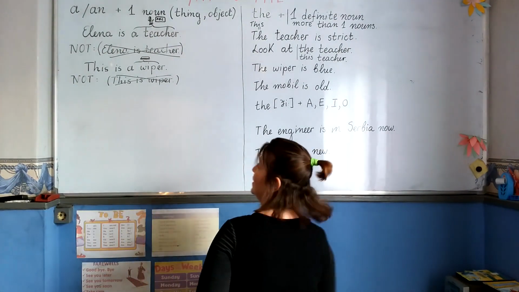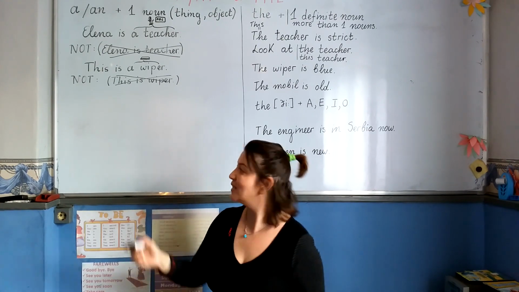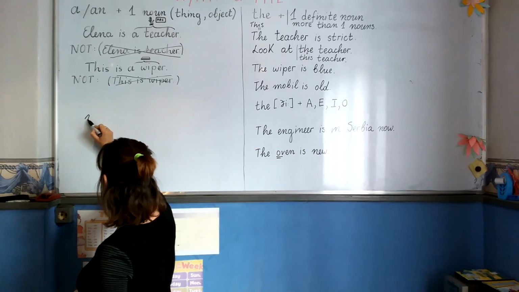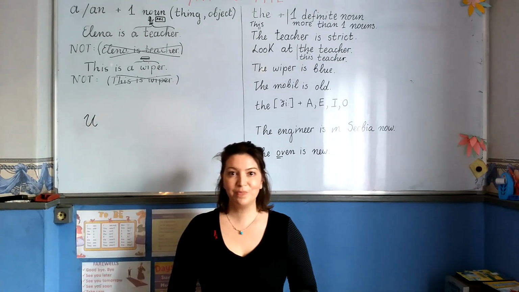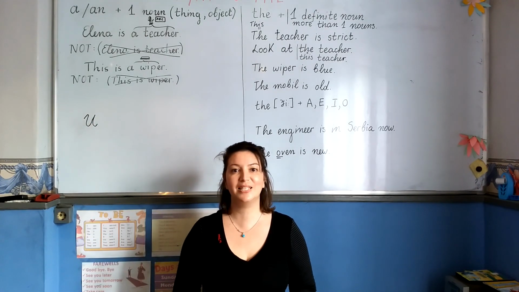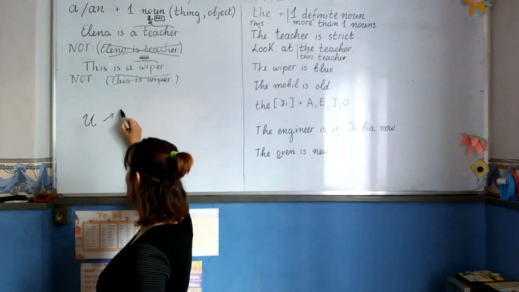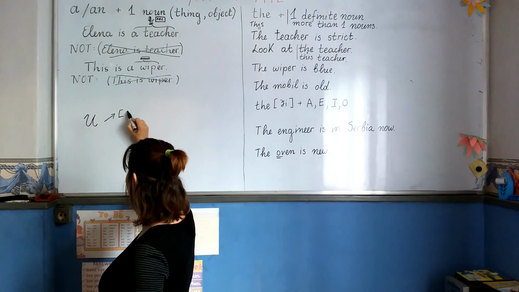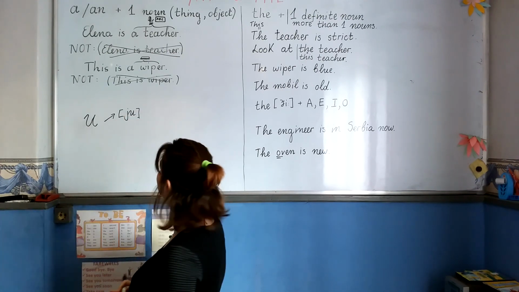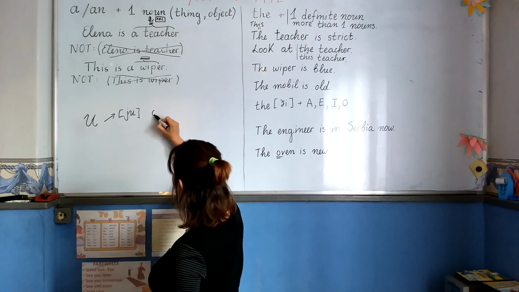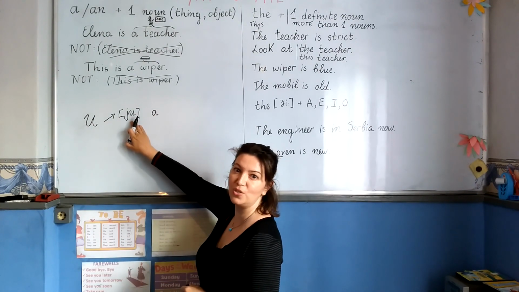Well, what do we put in front of things starting with the letter U? U, as you know from the previous lesson, has two versions of pronunciation. If it is 'yoo', as in university, we consider it a consonant sound.